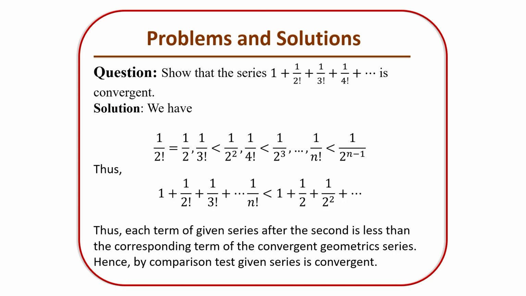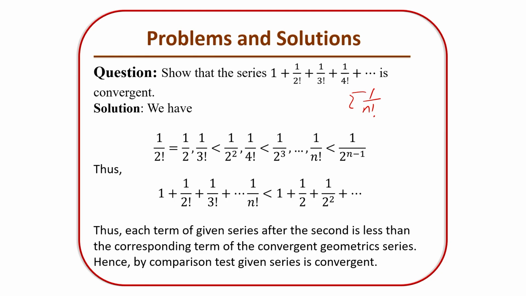So apply this theorem to test convergence of the given series. The series 1 plus 1 by factorial 2 plus 1 by factorial 3 plus 1 by factorial 4 is convergent. So I am going to show that summation of 1 by factorial n is a converging series.